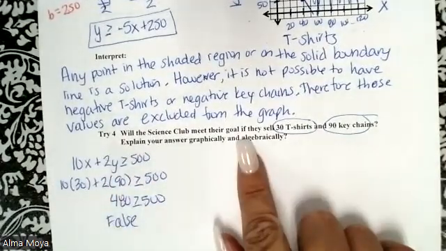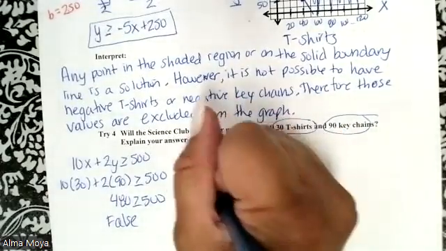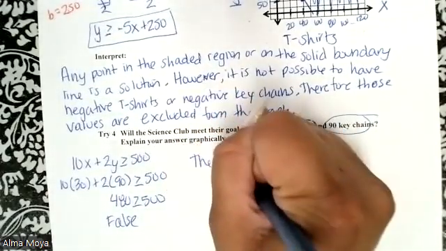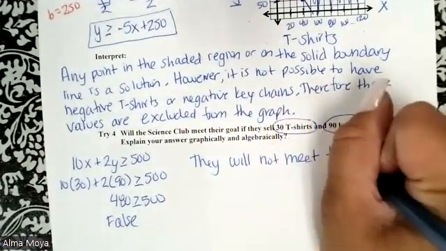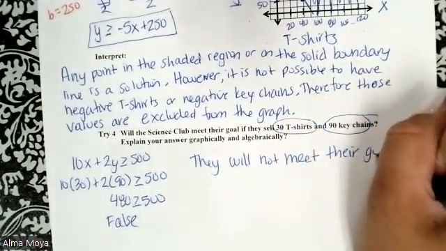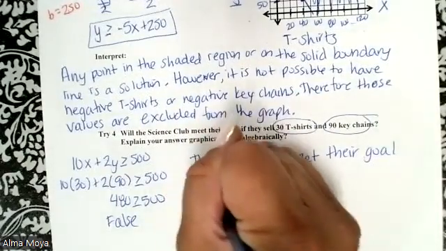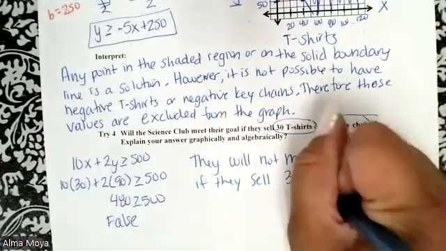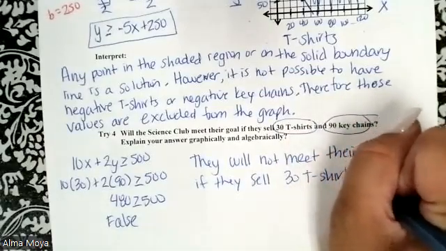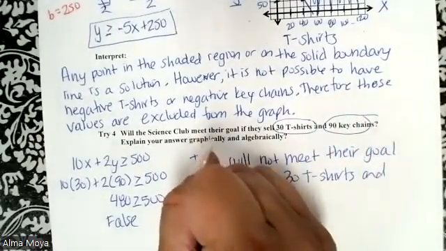So will they meet their goal? No, they will not meet their goal if they sell 30 t-shirts and 90 keychains.